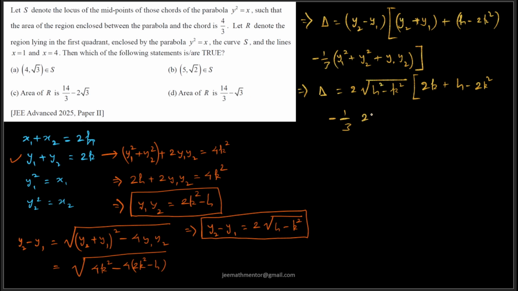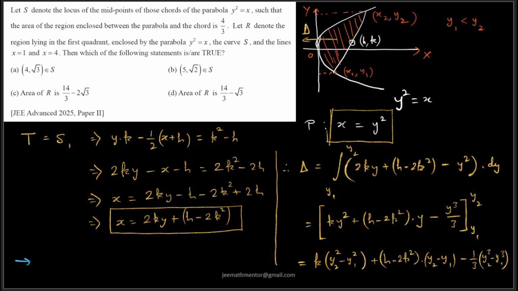So this is 2h plus y1 y2 is 2k squared minus h. Simplifying, we get delta equals 2 root over h squared minus k squared multiplied by, I think I missed something here.